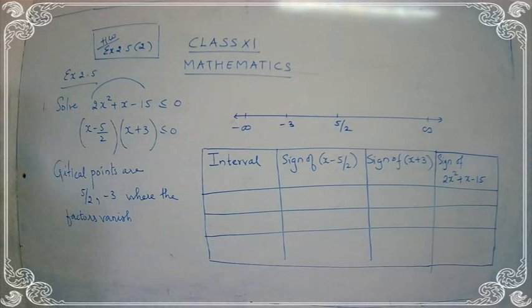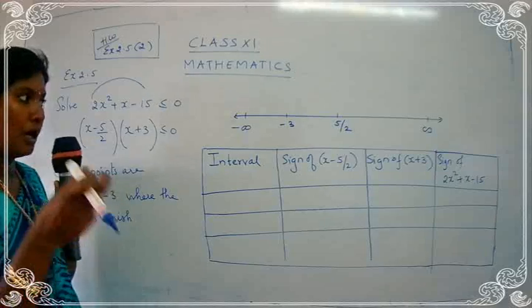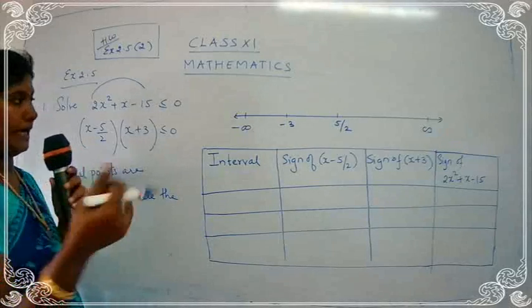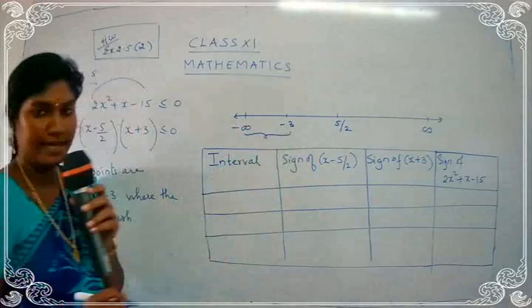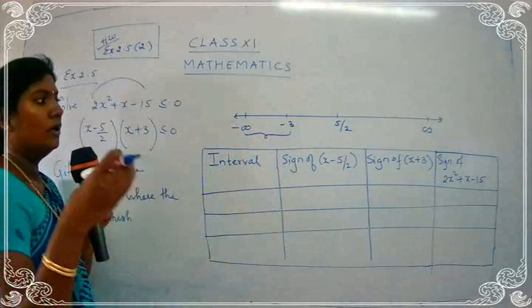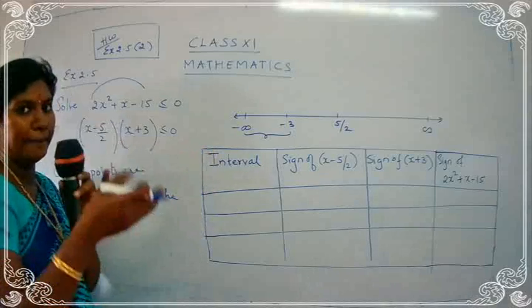So now let's fill the table. So how are we going to fill the table? Interval means you are going to choose a proper interval. Here, see, the first interval will be minus infinity to minus 3. So you are going to take this interval. You are not going to take the whole thing, you are just going to take part by part.